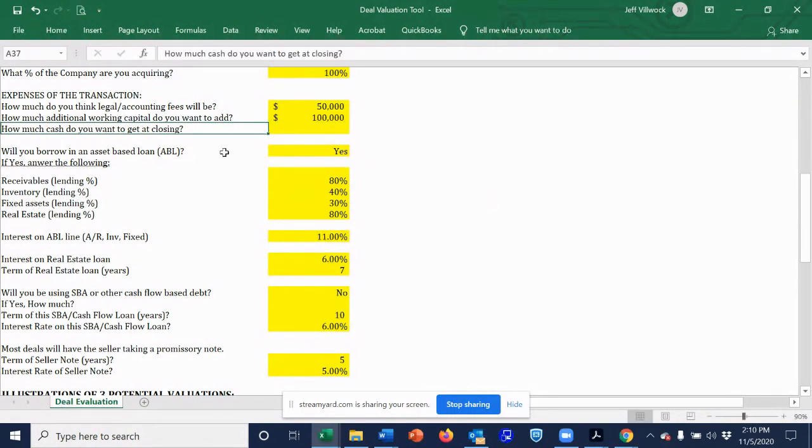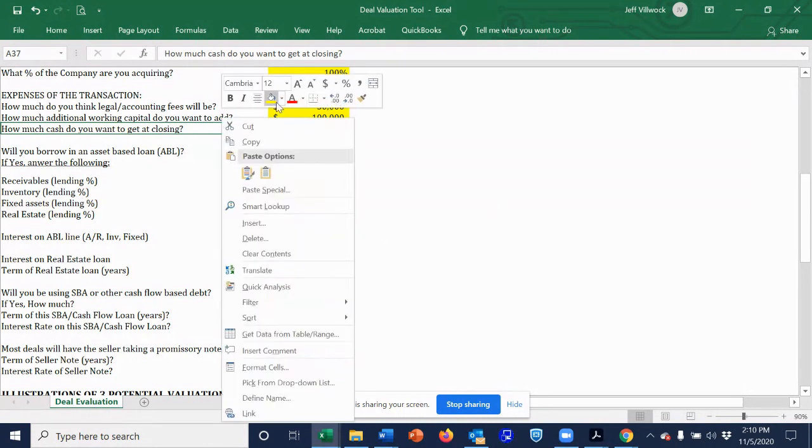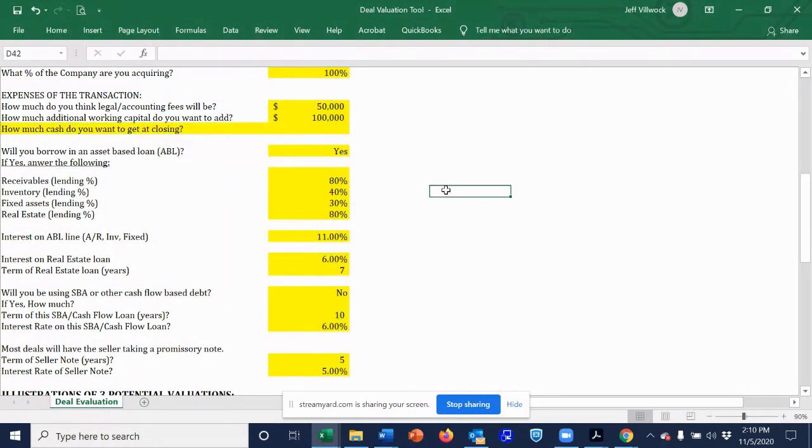Now, this sometimes is the favorite question when I do this presentation: how much cash do you want to get at closing? You mean I can pay myself? Are you serious? I can do a transaction with no cash, and pay myself. At the table, I walk away with a check that I deposit. That's exactly right.